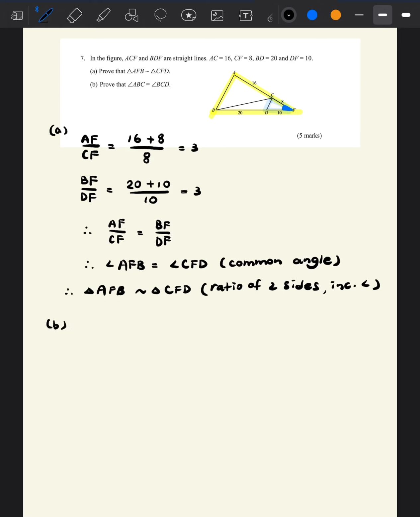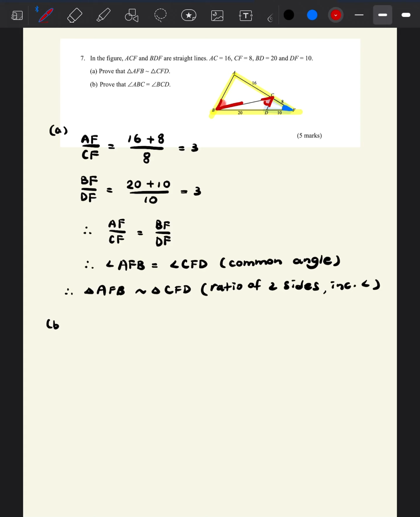And then part B, it says prove that these two angles are equal to each other. So let's see where these angles are. ABC, and also BCD. Angle ABC is here, and BCD is here.